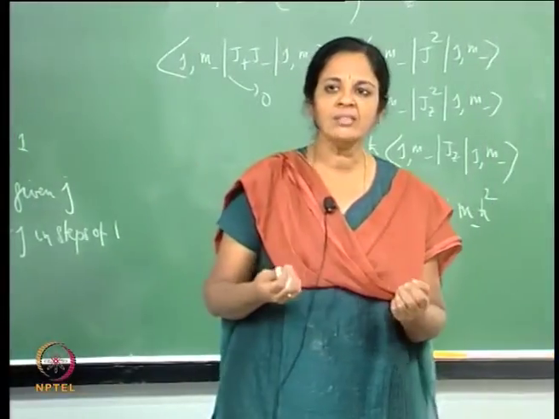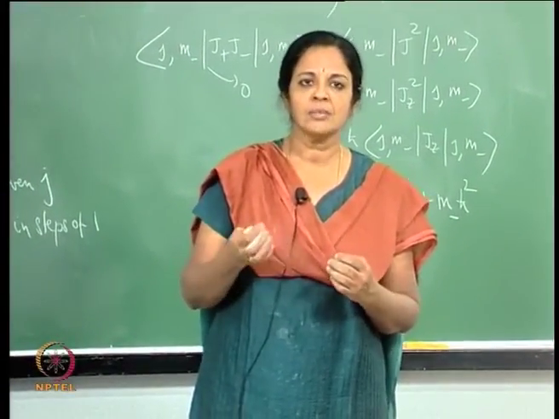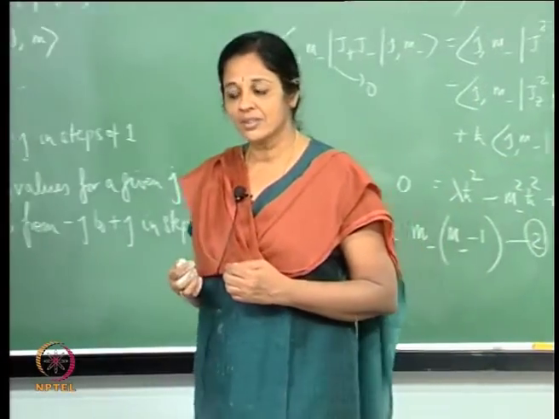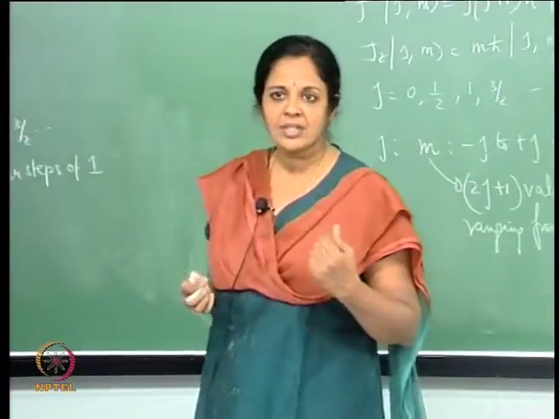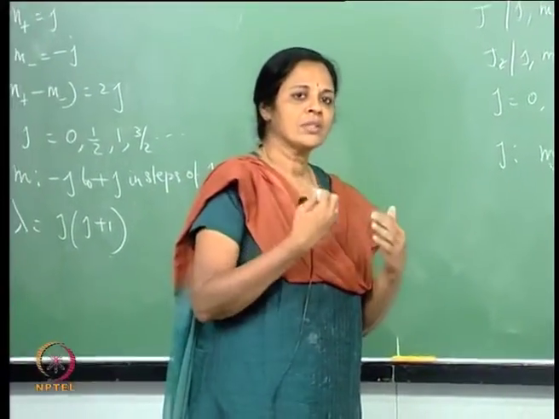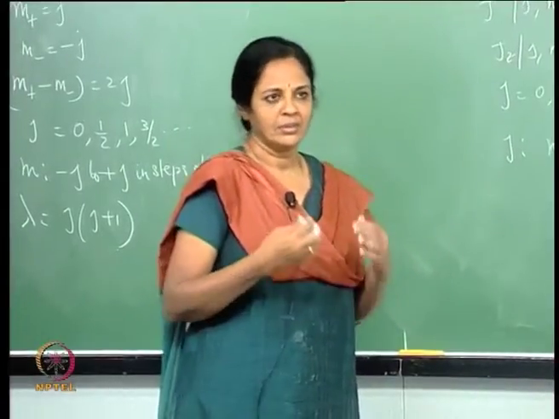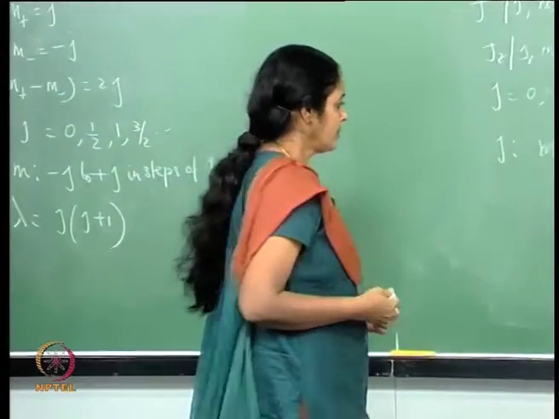When we did the three-level atom problem, we had the states 1 comma 1, 1 comma 0 and 1 comma minus 1. Once more, for a given value of J, in this case it was 1, M took values minus 1, 0 and plus 1, ranging from minus J to plus J in steps of 1.